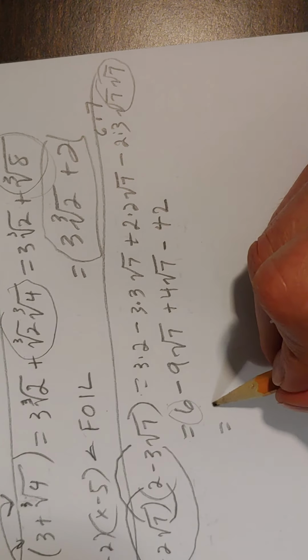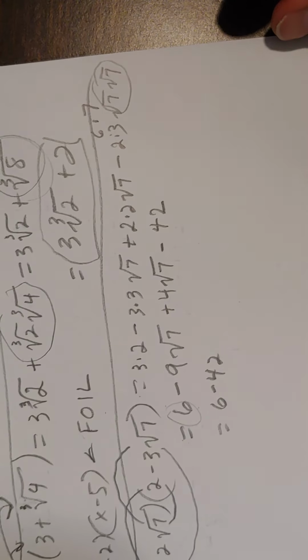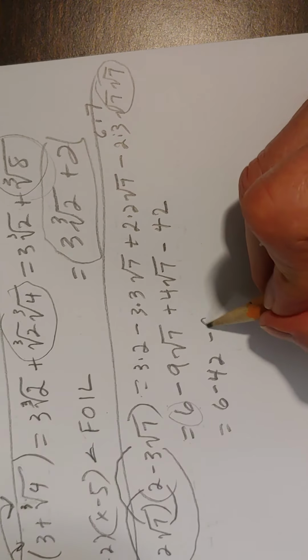Equals, let's even rearrange the order first. 6 minus 42, those are just both constants, no radicals, both rational numbers. Minus 9 times the square root of 7, plus 4 times the square root of 7. I just arranged the order a little bit, because I can combine these two and those two. These are like terms.